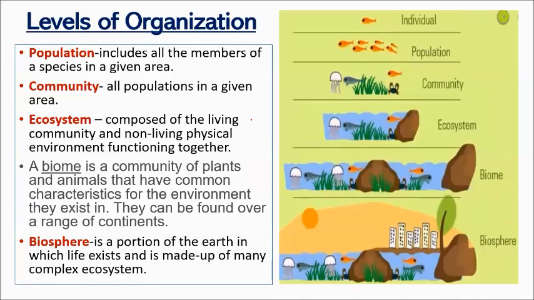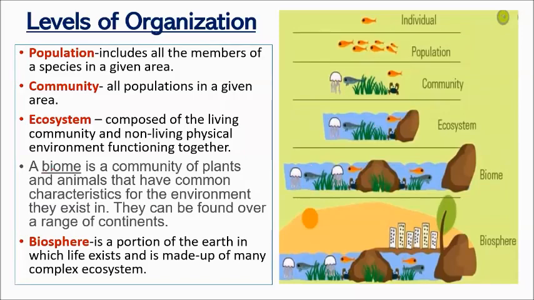And the ecosystem composed of the living community and non-living physical environment functioning together. So when we say ecosystem, included na yan sa water, sa mga non-living yan, sa mga situation, condition ng location ng ecosystem.